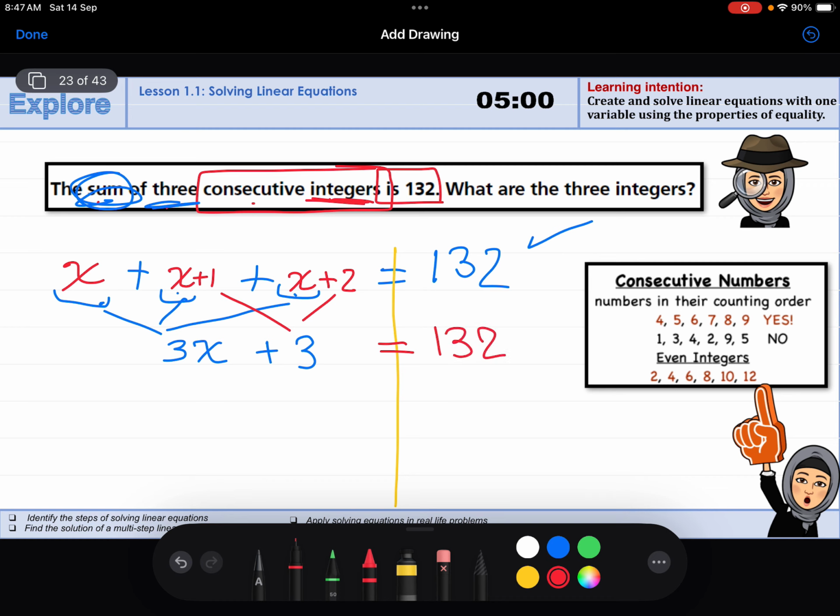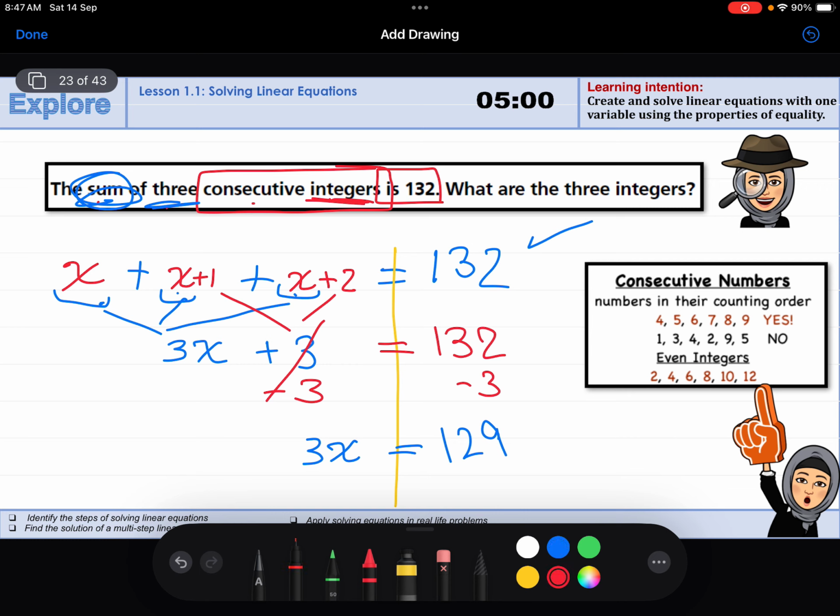Okay. Now I can finally isolate my variable x. To isolate x, look at the term that is far away from x. It's positive 3. How can I cancel positive 3? Just minus 3 on both sides. Now what do I end up with? I have 3x equals 132 minus 3, which is basically 129.